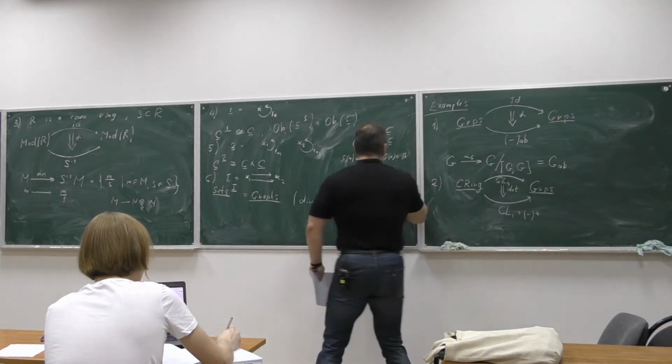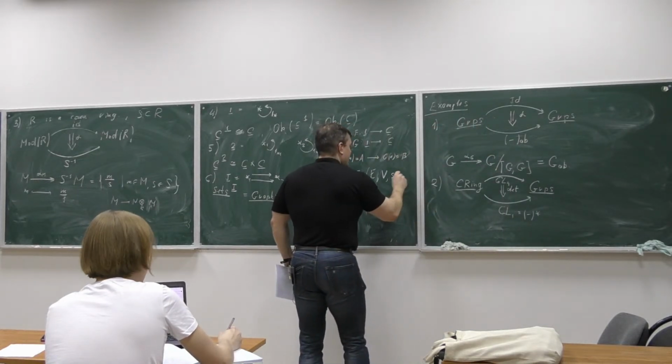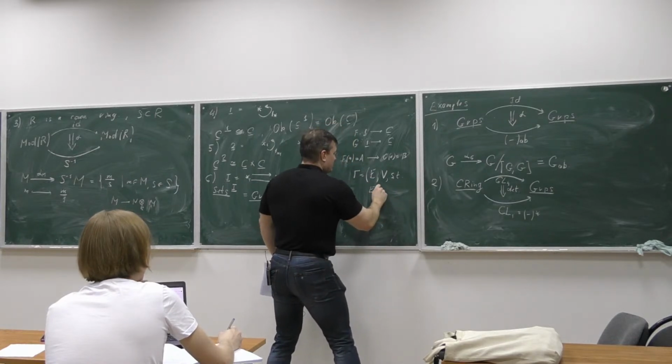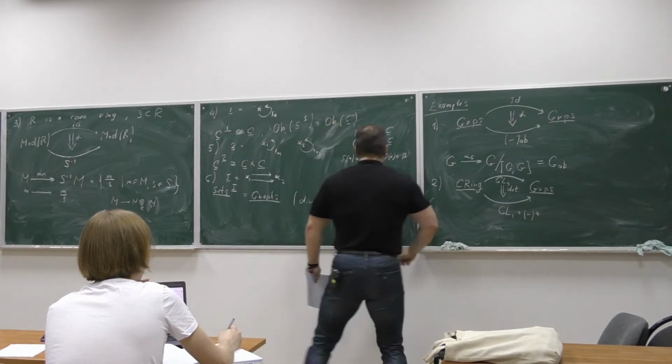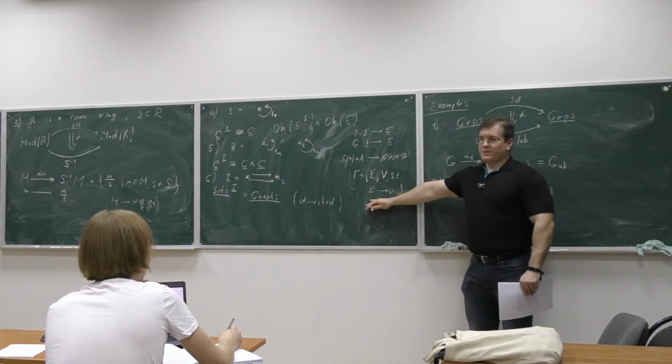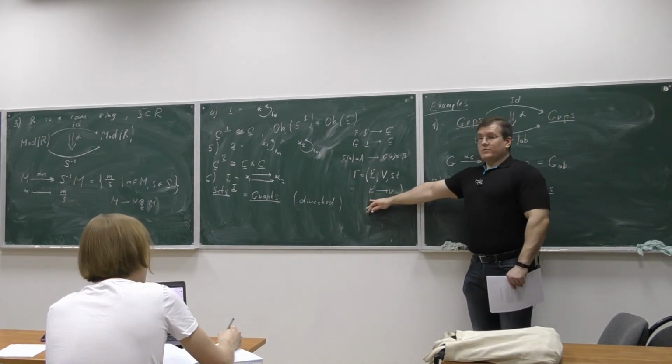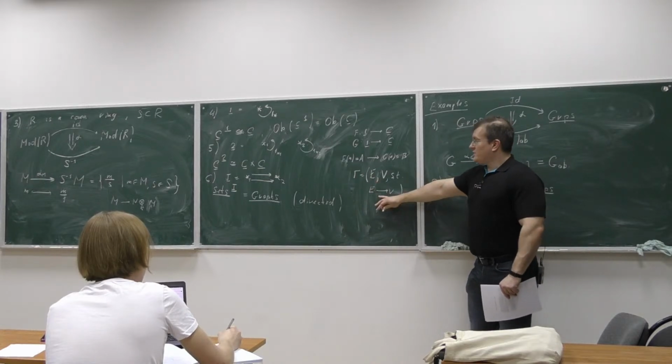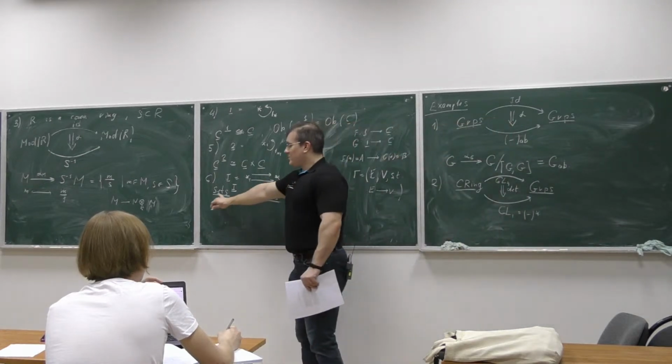So it means that you have two functions, S and T, and these are functions from the edges to the vertices. So that's the directed graph in the category of sets. And exactly such objects you get if you consider natural transformations here.